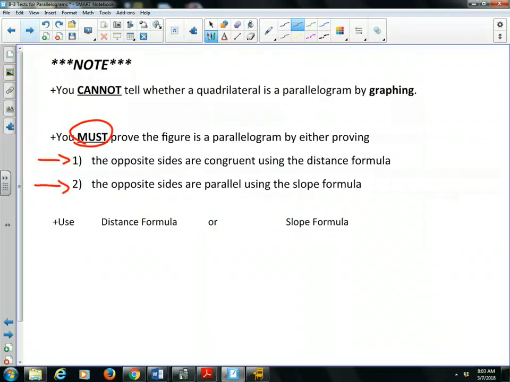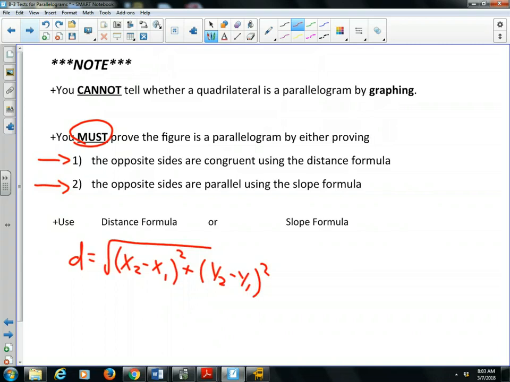So let's refresh ourselves on the formulas of these. The distance formula is the square root of x2 minus x1 quantity squared plus y2 minus y1 quantity squared. The slope formula is the difference of the y's in the numerator, y2 minus y1, over the difference of the x's in the denominator, x2 minus x1.